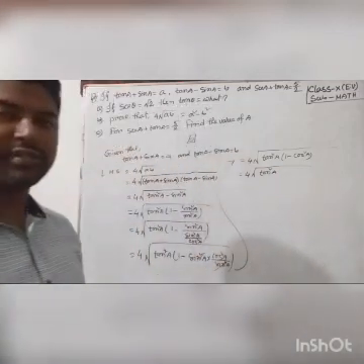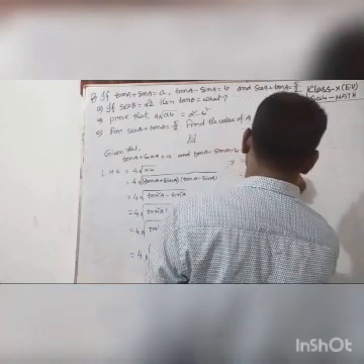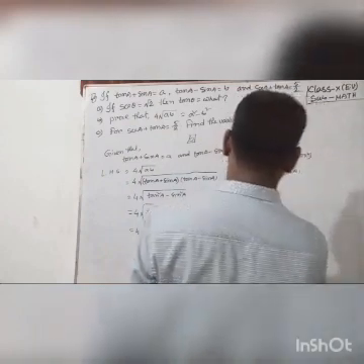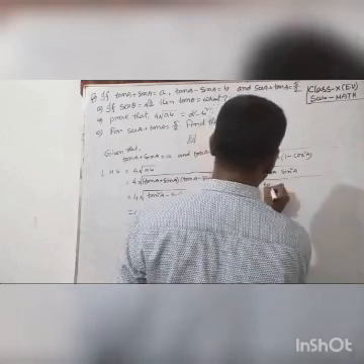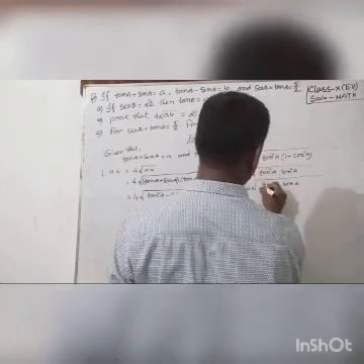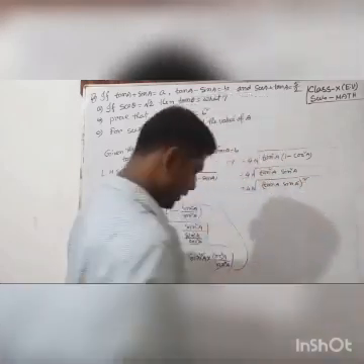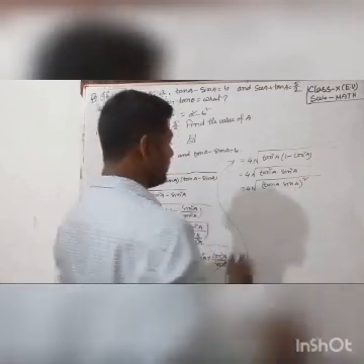We know 1 minus cos square a equal sin square a, so we can write sin square a. Also we can write this as tan a into sin a whole square.